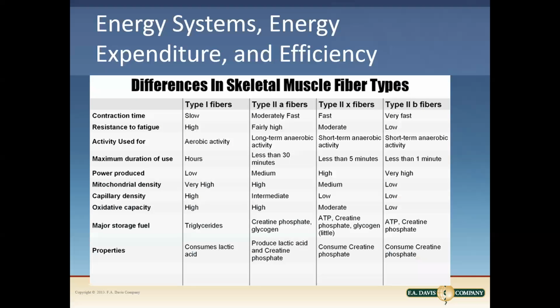So type 1 fibers are your slow aerobic activity fibers, right? They're really resistant to any type of fatigue. Those are our big movers, right? A lot of times when you think of those type 1 fibers, they're really kind of our major big movers. They produce a very low amount of power, but they have a very high mitochondrial density, right?